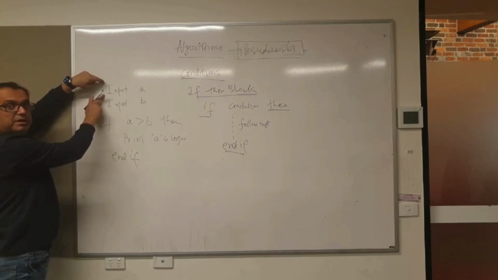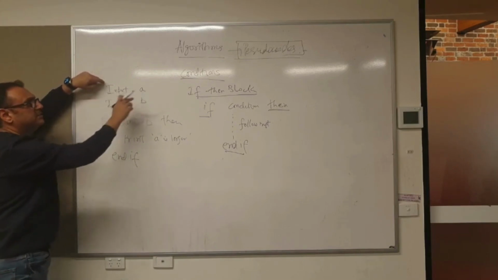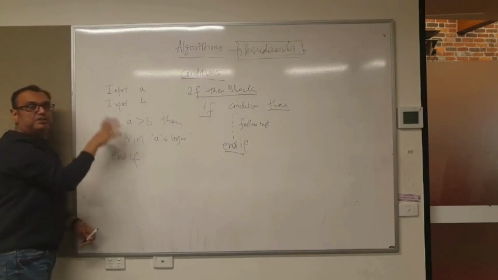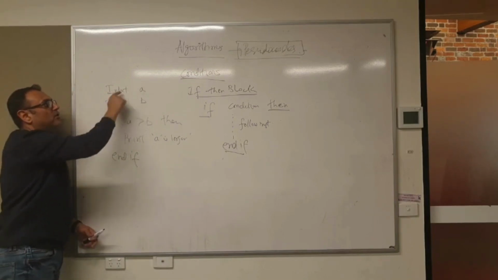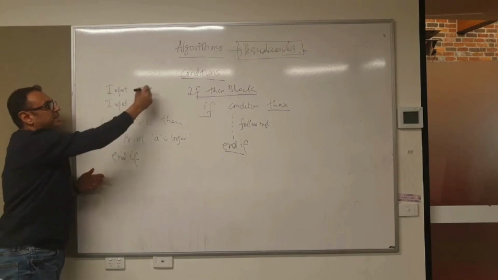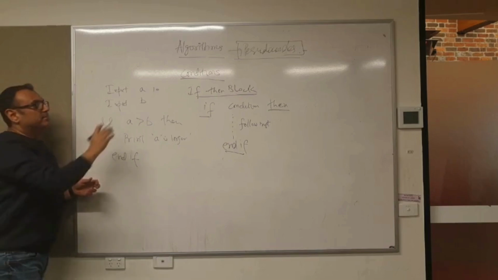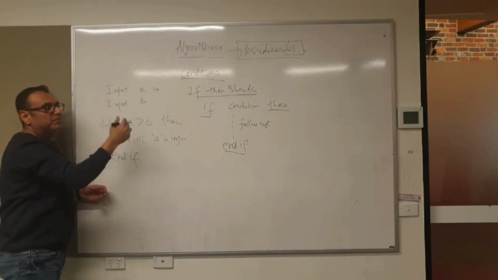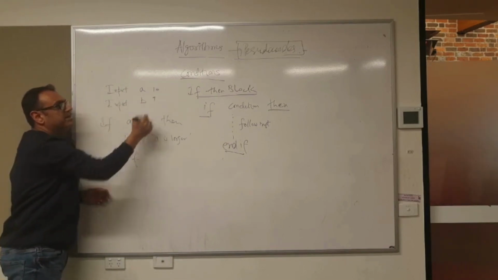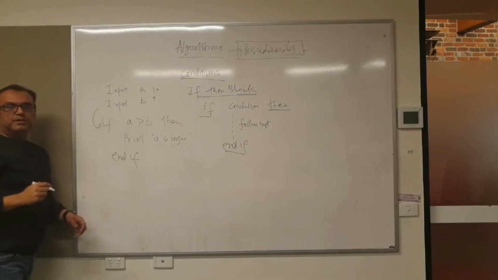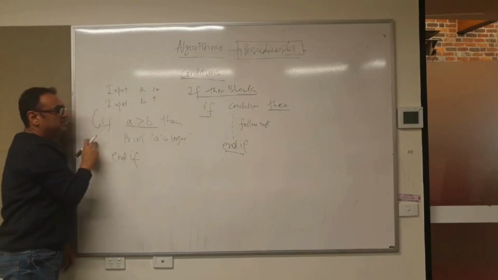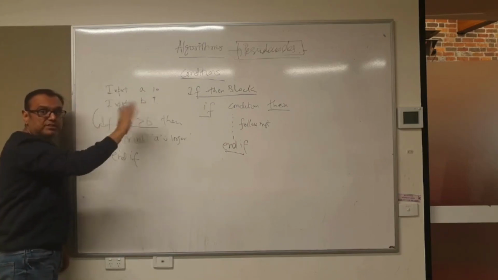You take the number input from the user. Let's say now this is fed into the computer program, so it will display, okay, input A, and someone will enter a 10. Then the next pop-up on the computer will be enter B, so it's 9. And then the computer goes to the next statement and checks this condition. The user input is finished.